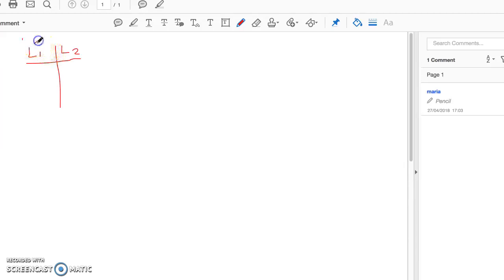These are my X values, those are my Y values. Going to stat, calculate, linear regression.